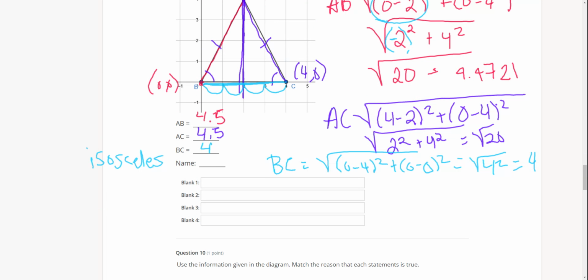It should be isosceles. You could maybe write acute isosceles, but I think it's just looking for isosceles.